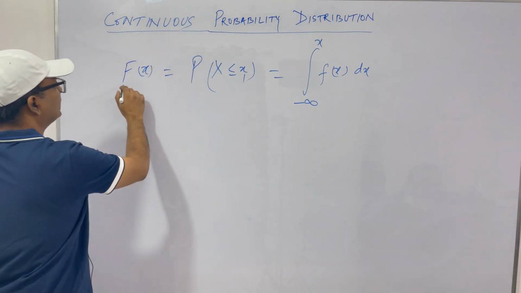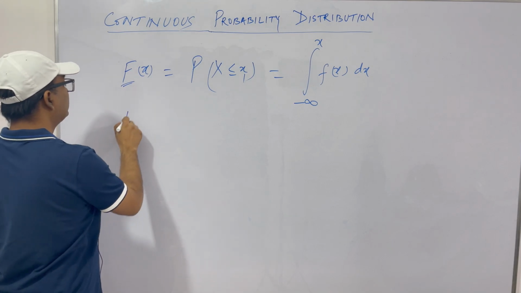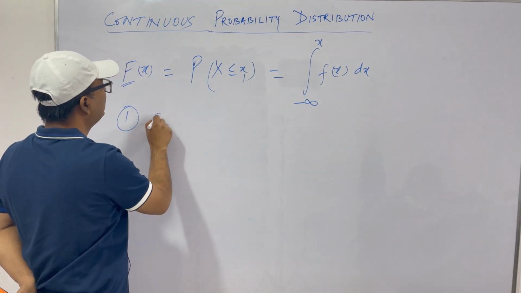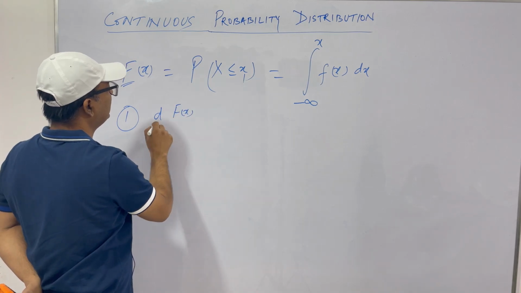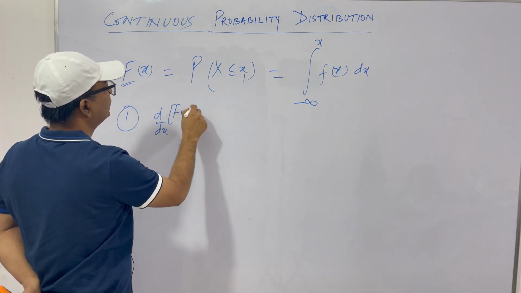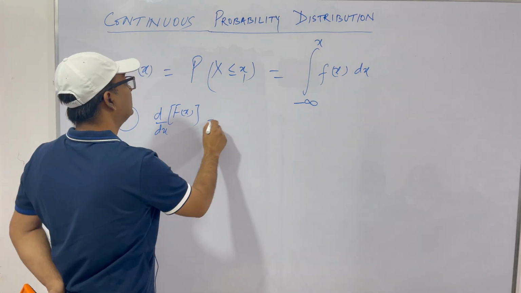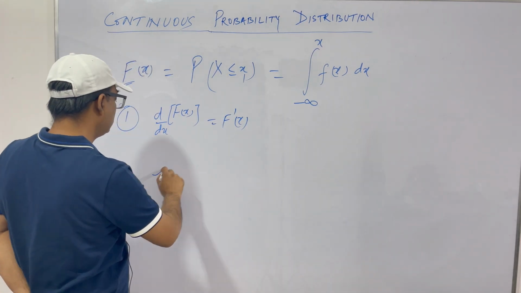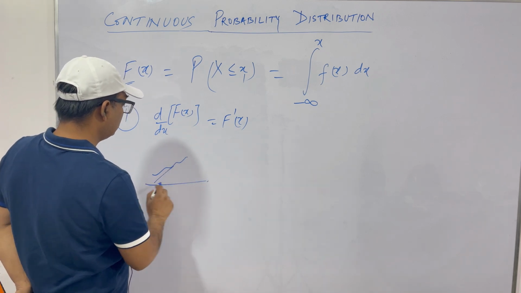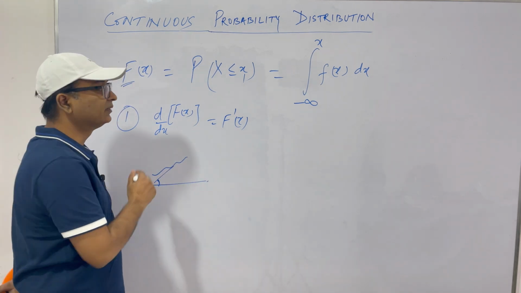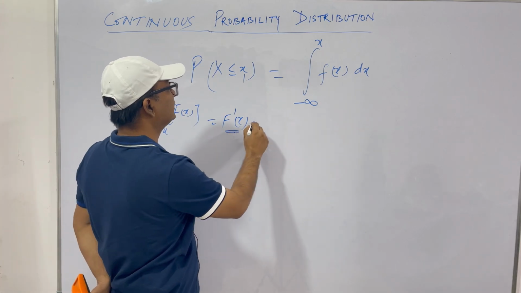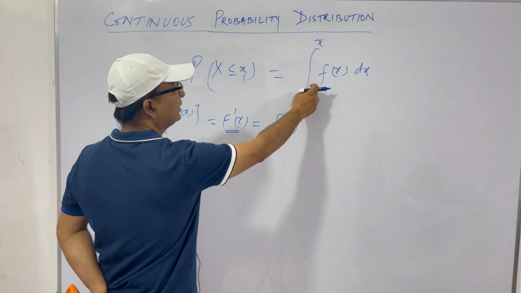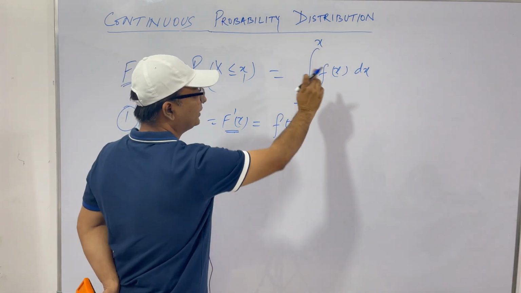Now the properties of this. The first property: if we take dF(x)/dx, that is F dash of x, it shows the slope of the curve. F dash of x will be simply f(x), clear? Why? Because F is an integral, so if you take the derivative, it will be f(x) only.